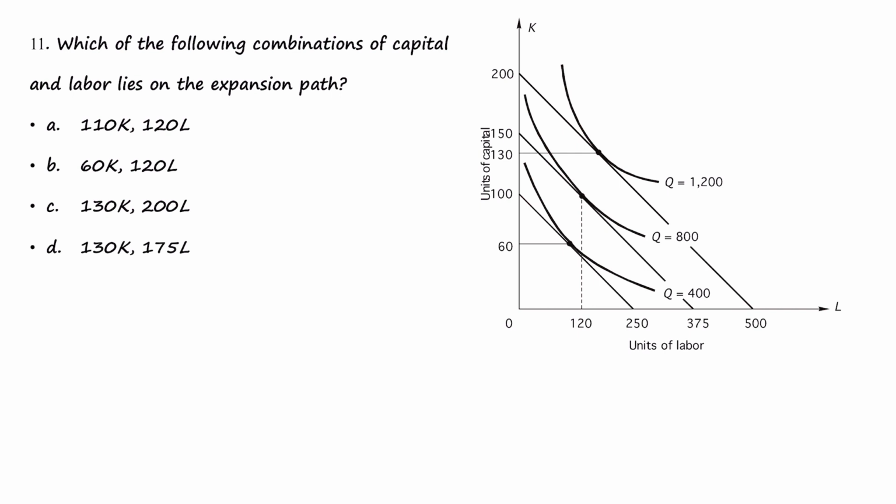Question 11 says which of the following combinations of capital and labor lies on the expansion path. So to do that, we're just going to kind of substitute things in and see which one works.